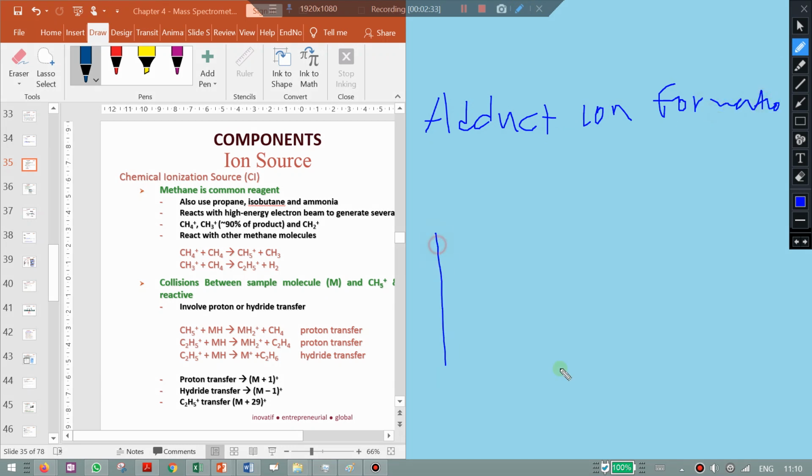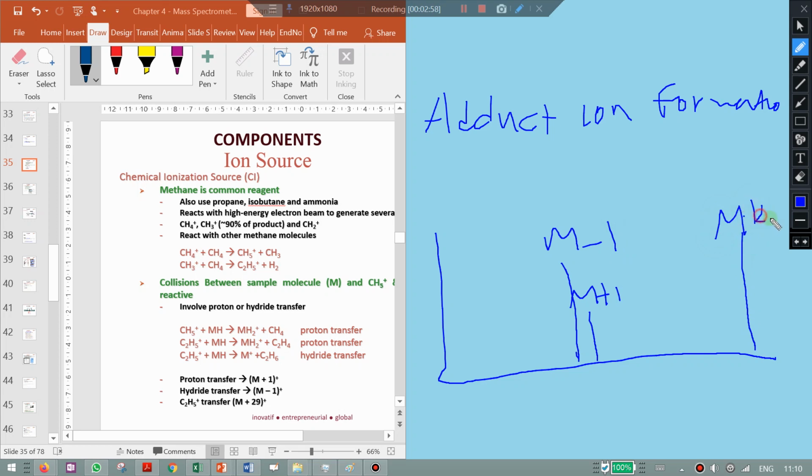Let's say you have your mass spectrum over here. You will obtain M plus 1 and M minus 1. You also will obtain your M plus 29, or adduct ion. Adduct ion means that your molecular ion plus the reagent ion, so you will have your M plus 29 over here.